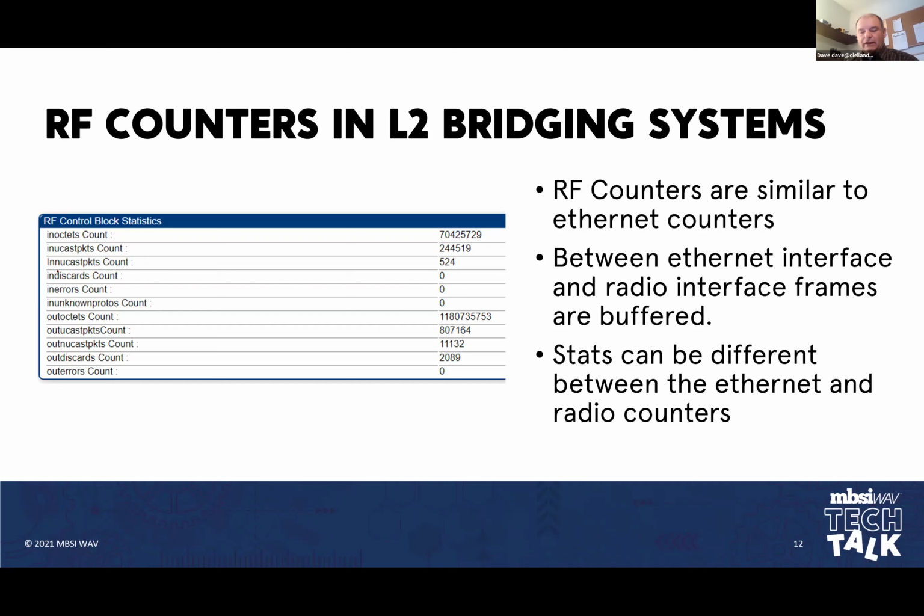And theoretically, if I added up all of the frames that were received by all the CPE connected to an access point, I should come up with numbers that emulate the numbers that are right here. This is one of the ways. If you've been on courses that I've taught before, LTE courses or really any radio course, I talk about verifying the operation of the radio, and this is one of the ways to do that.